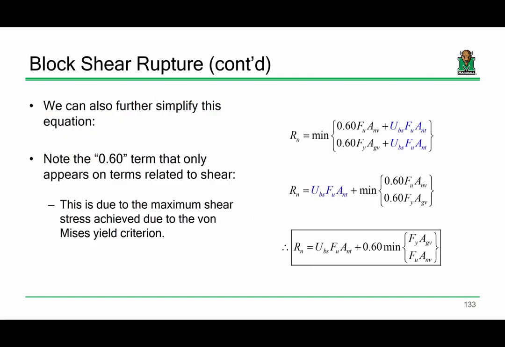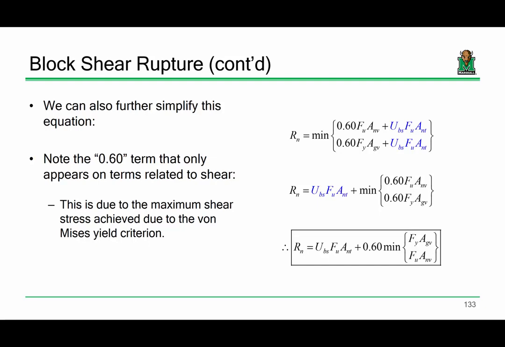So what I can do is take this expression and simplify it quite a bit. Okay? So I think hopefully you find that this looks a lot more handleable than what was on the previous couple of slides. Now, the way that this works is you compute the tensile path capacity and the shear path capacity separately, and you just add them appropriately.